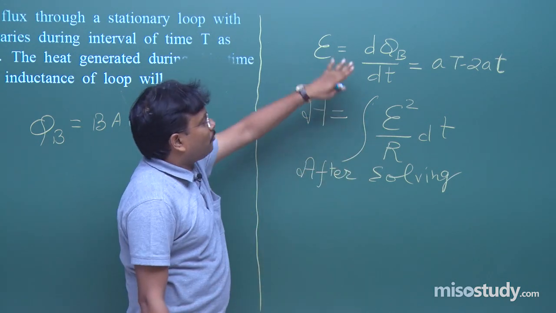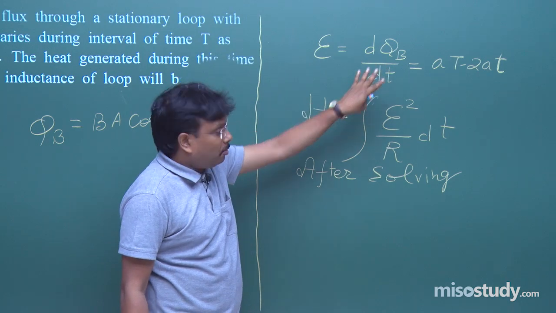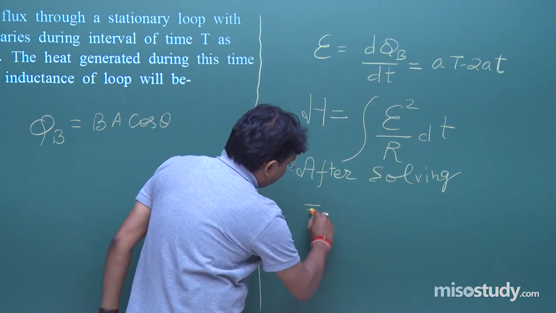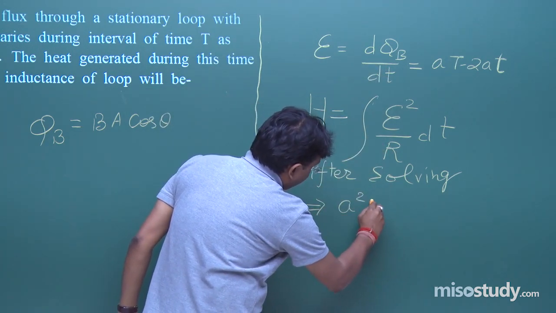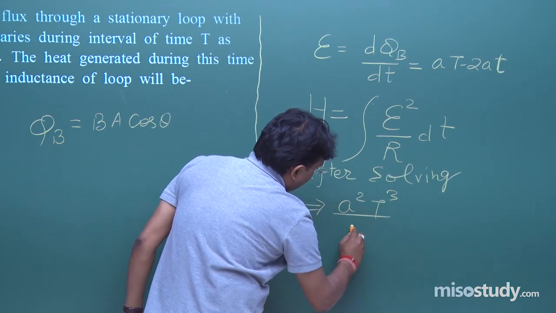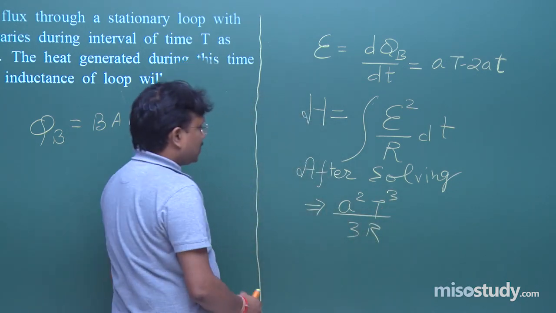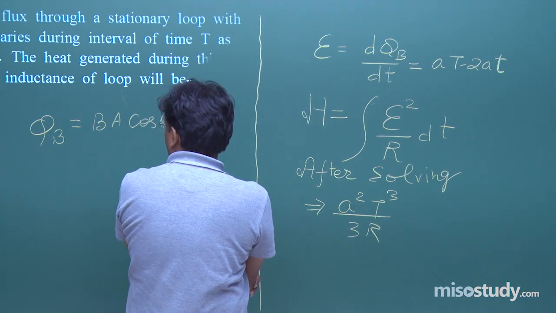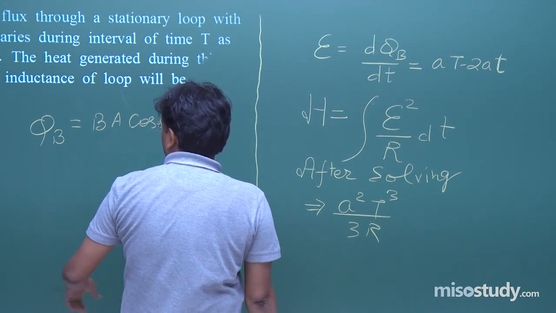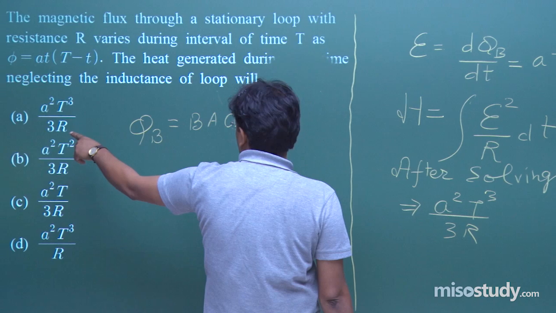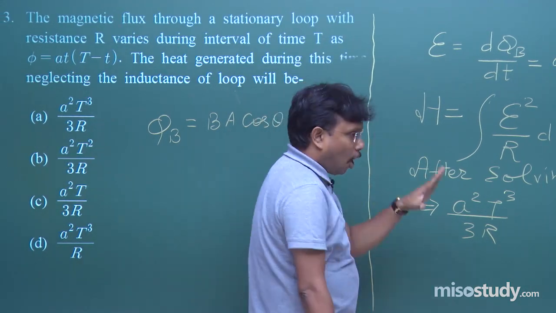First differentiation is involved, then integration. So the answer is going to be a square t cube upon 3r. If you take a look at this expression, you can easily say that a square t cube upon 3r, that is option A, is the correct option.